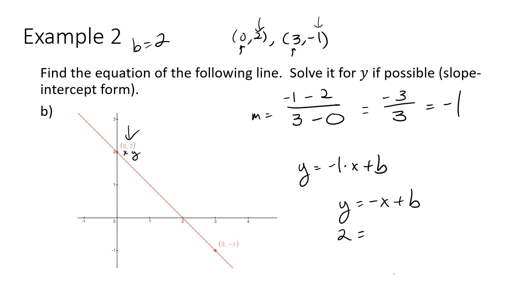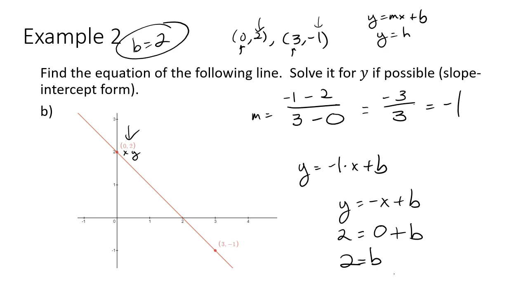The y value goes over here on the left. The x value is always going to be 0 if you plug in the y-intercept. So you just get b is equal to 2. Essentially, if you take y is equal to mx plus b, and you plug in 0 for x, you just get y is equal to b, the y-intercept.